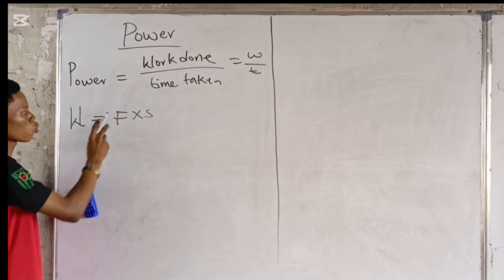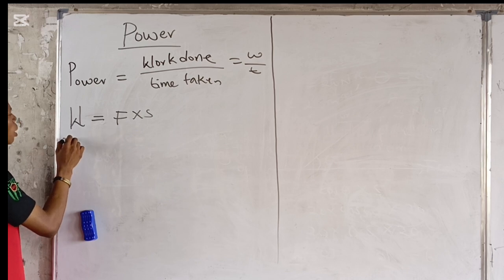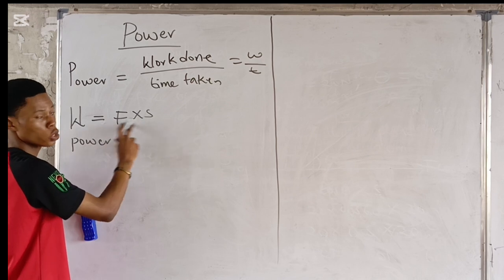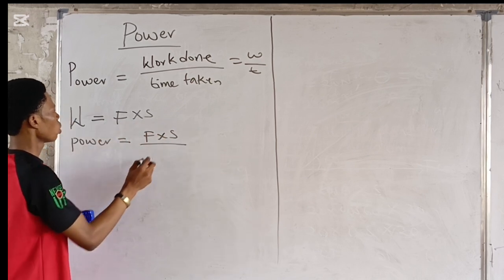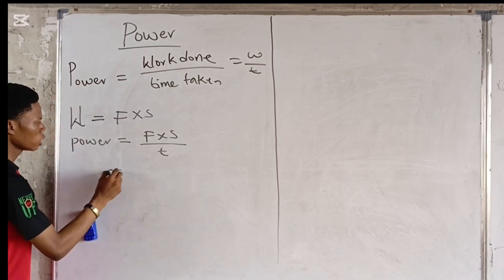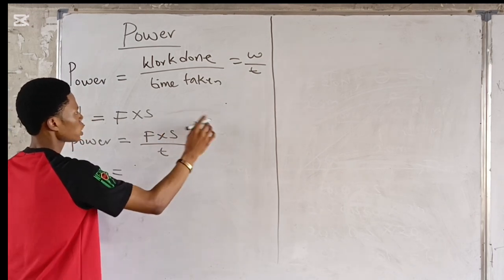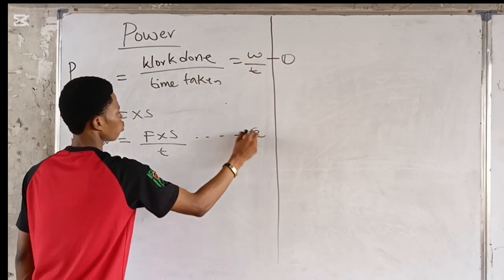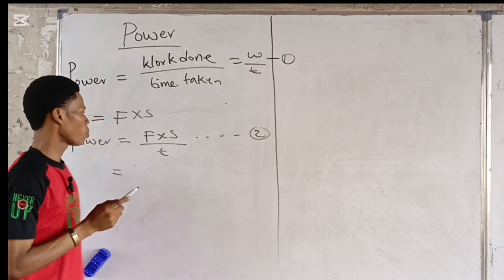So if we bring this into this formula, we'll be having power as F times S, representing the work done, all over T. Let's call this one equation 1, and this one here equation 2, the second formula for power. This is another formula for power.